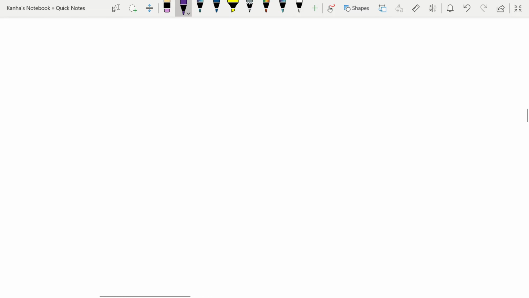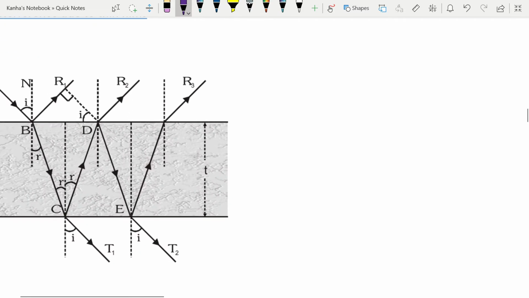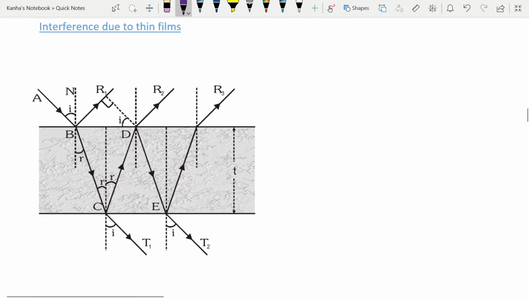So if we return to our initial system, I'll just quickly explain what happens in thin films. Consider this thin film which I have given to have a thickness t and a refractive index, let's say mu. Now I have a light ray AB coming in. Some part of it gets reflected at the point B along BR1.